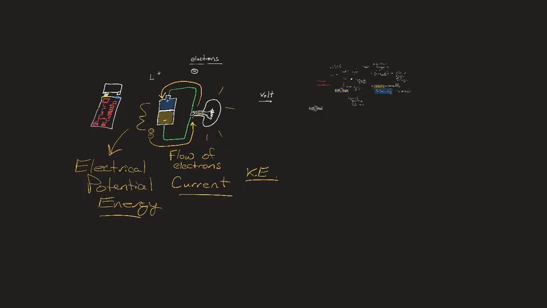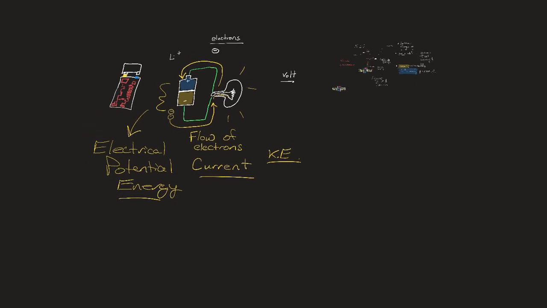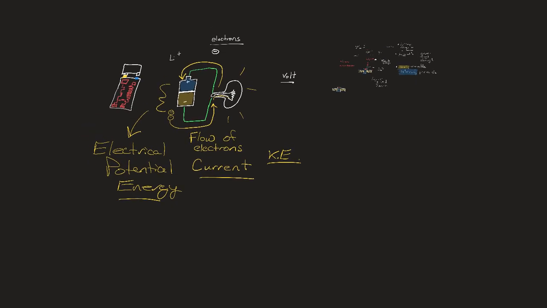So that's the flow of electrons. That's what we call kinetic energy. Do you agree? What are the electrons doing if they're flowing? Rubbing against each other? Yeah. So what is that? Friction. But what do we call that?